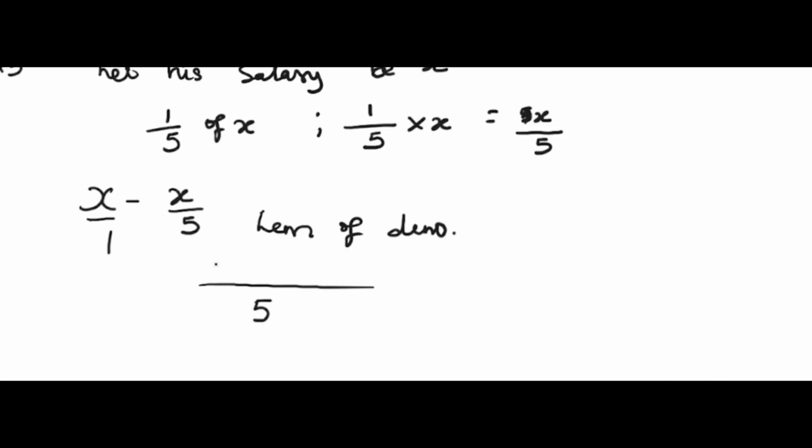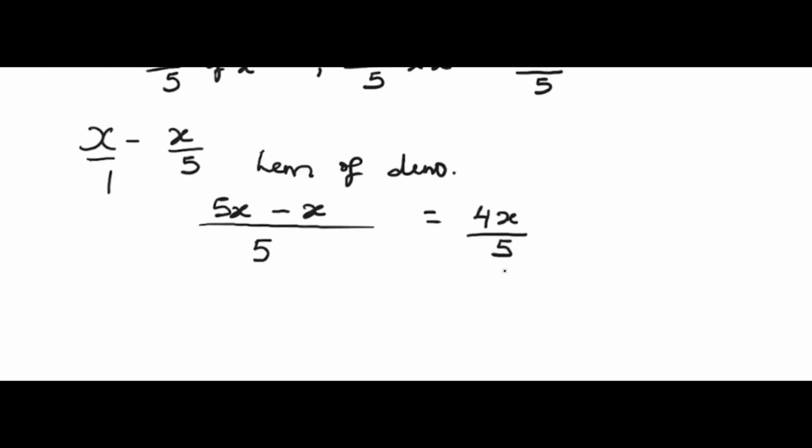So we have 5X minus X, and that will give us 4X over 5. So this is the remaining salary after taking out the portion for shirts.